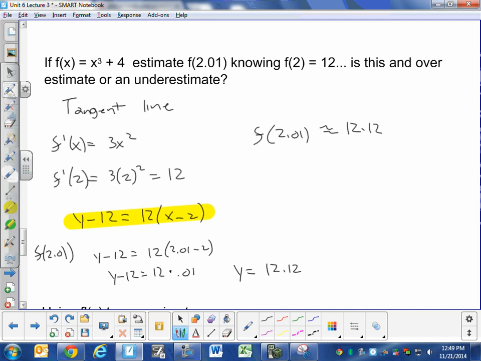So I get my approximation is 12.12. Now is that an over or an under approximation?